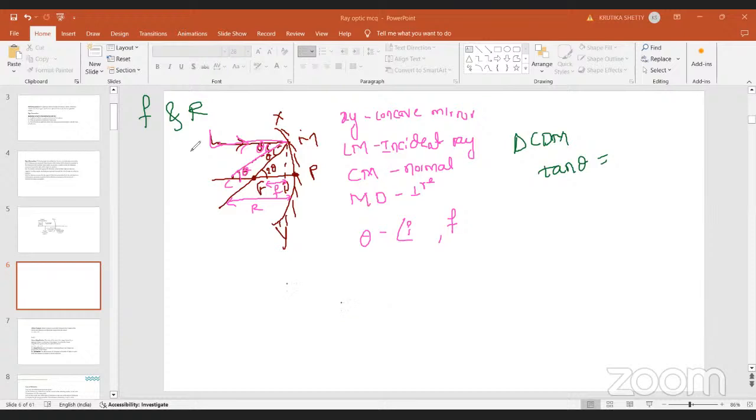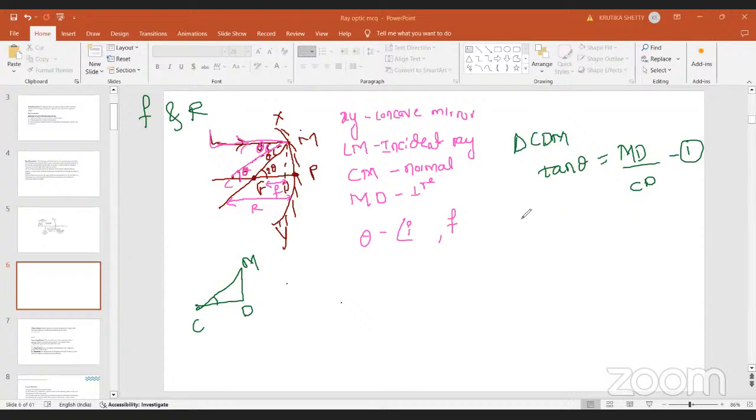Hope you are able to see the triangle. If you want, I'll draw it here. This is C, this is M, this is D. So in CDM, tan theta is equal to MD divided by CD. This is equation 1.